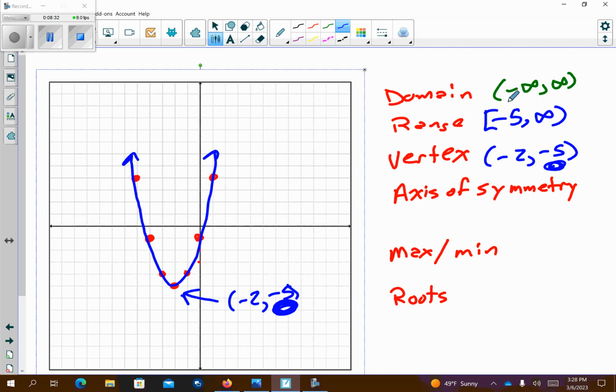It's a square bracket. Don't worry if you can't remember the square bracket. Axis of symmetry is x equals -2. And then, do we have a max or a min? I have a minimum. I have a minimum at -5. Use the minimum to talk about the y value. The roots, I'm not able to see exactly what the roots are, so right now there's none to worry about.